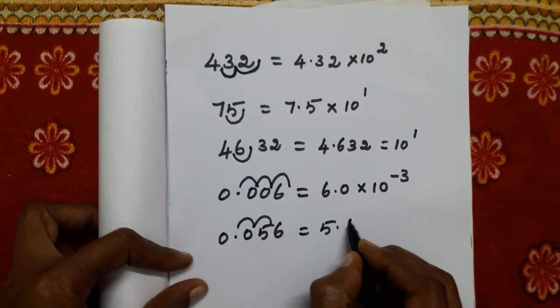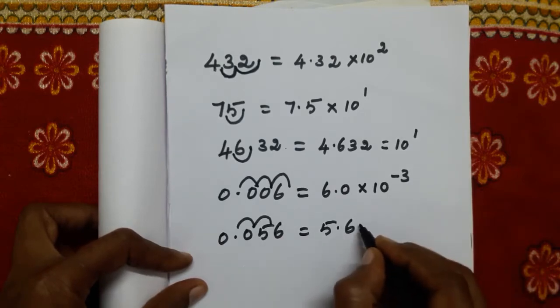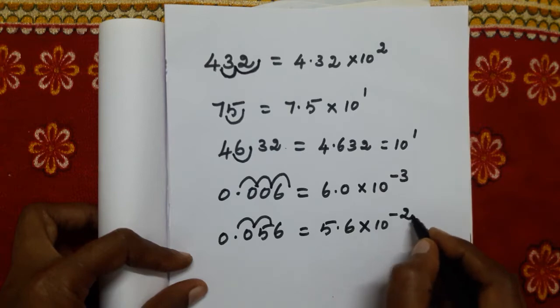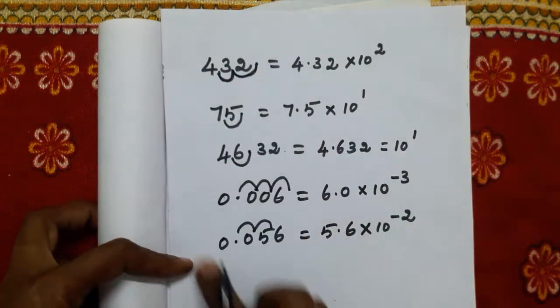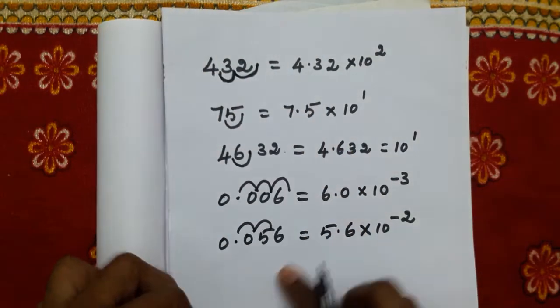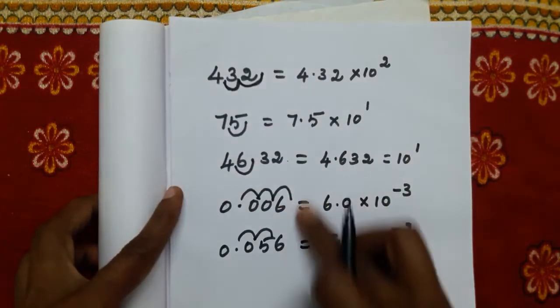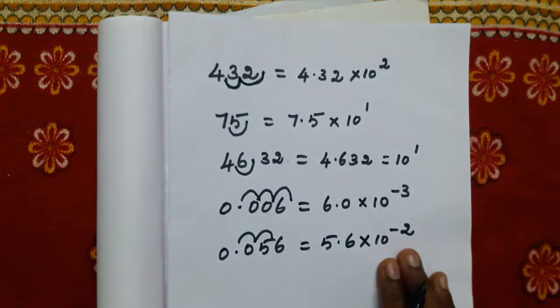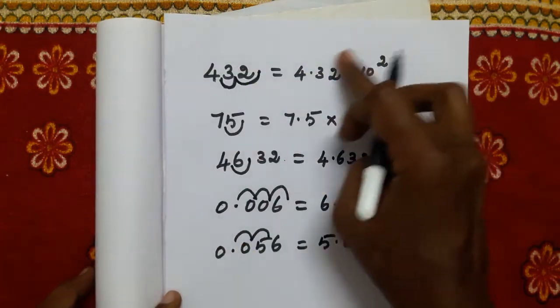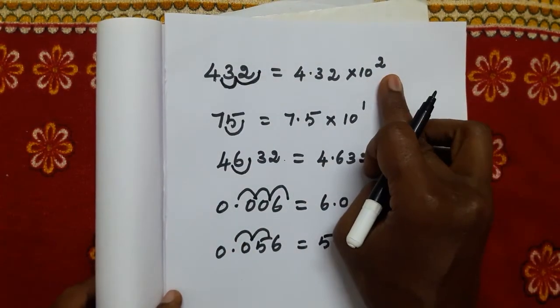First we can write 5.6 into 10 power minus 2. This is converting the decimal form, the rational numbers, into scientific notation.